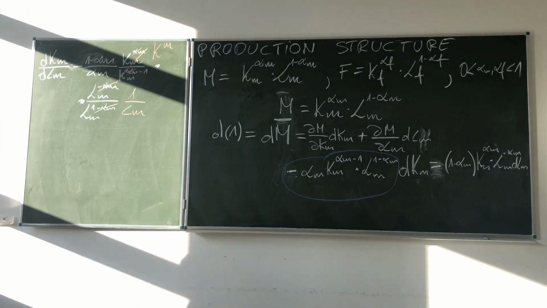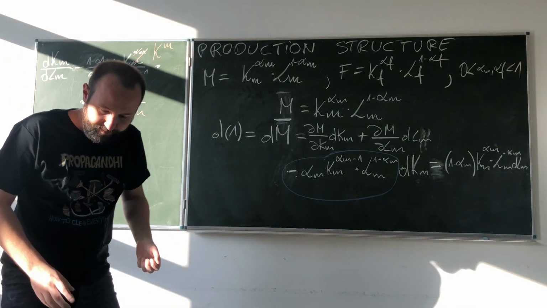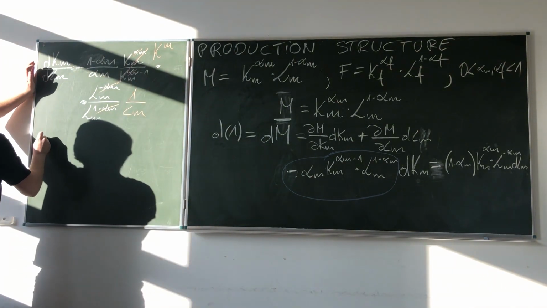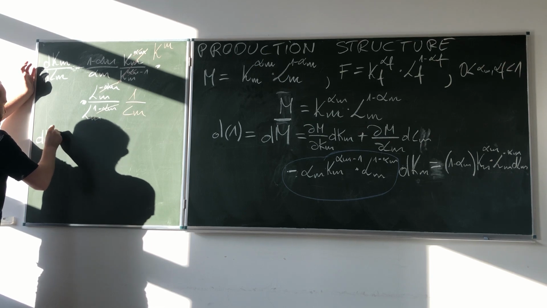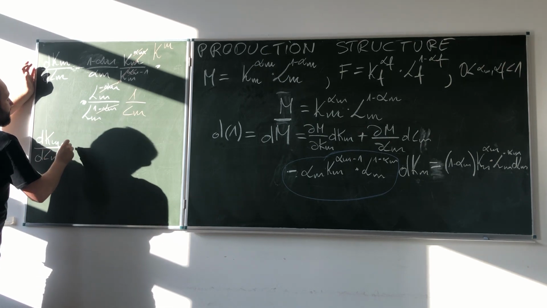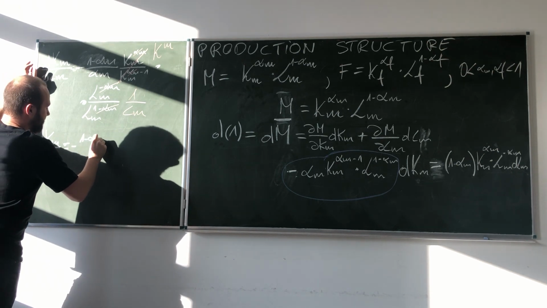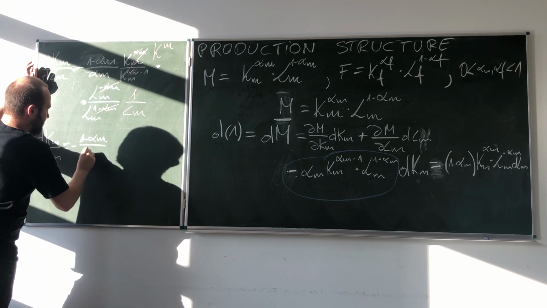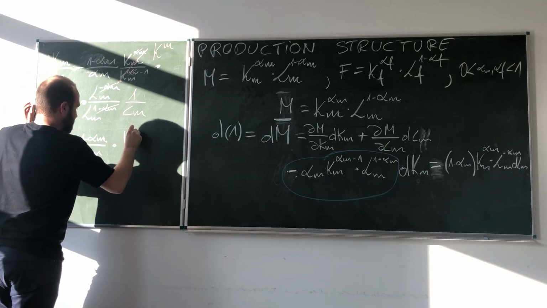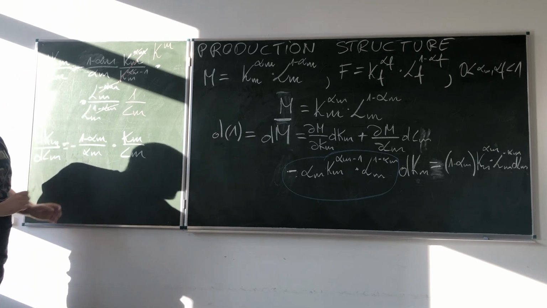So finally, I can write the derivative dkm over dlm is equal to negative 1 minus alpha m over alpha m times km over lm.